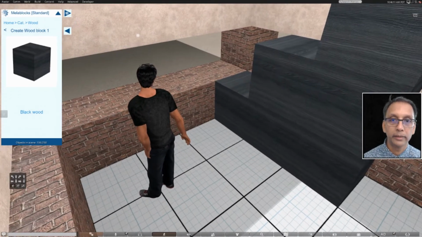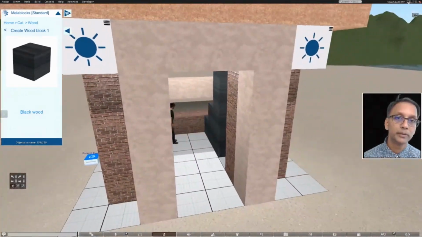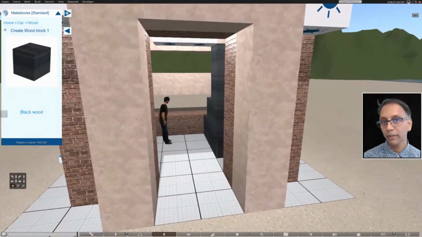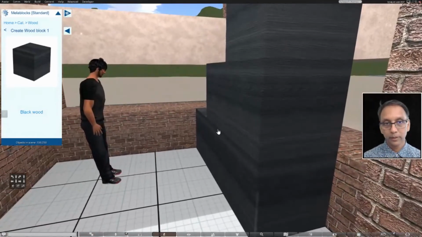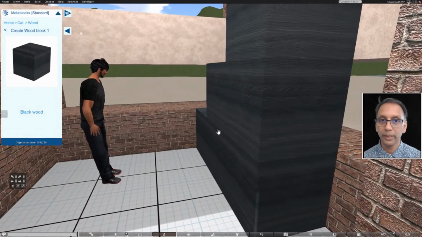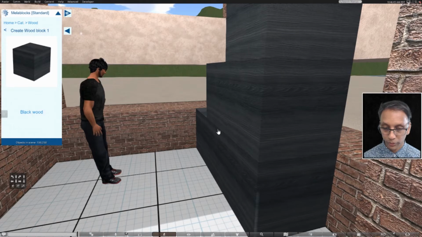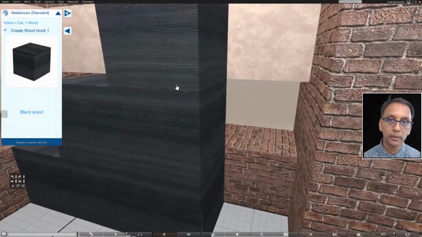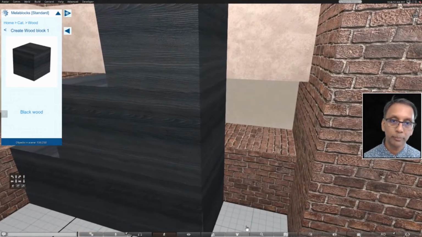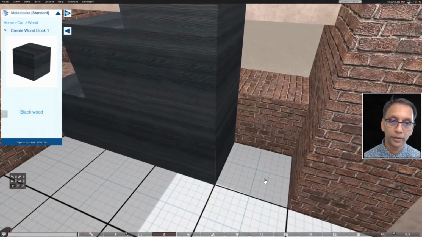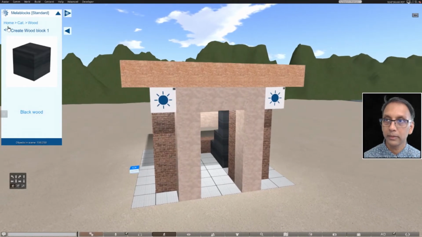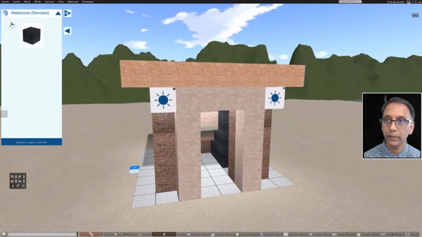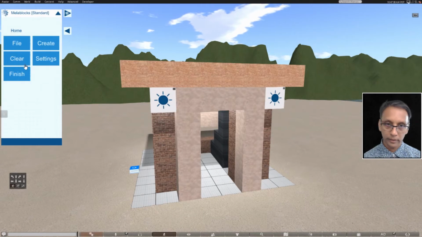So you have an idea of how much space you would need if you want to keep on doubling the number of blocks and keep adding to the next square. So let me clear this scene, and we will try to solve this problem.